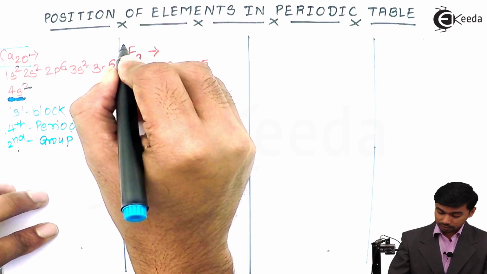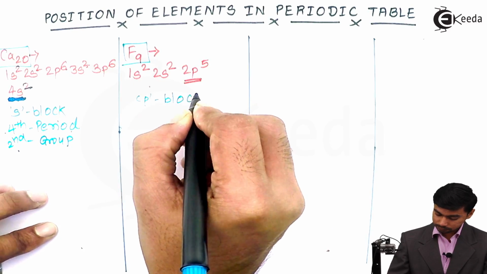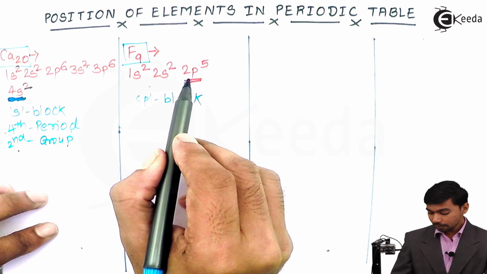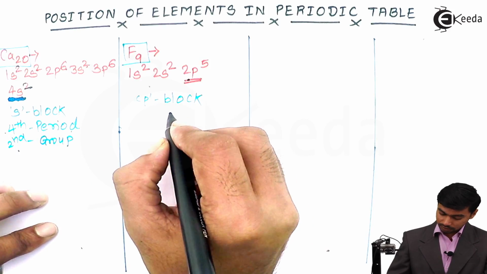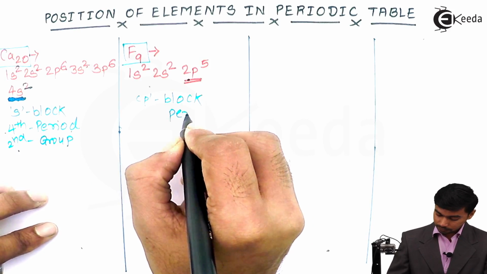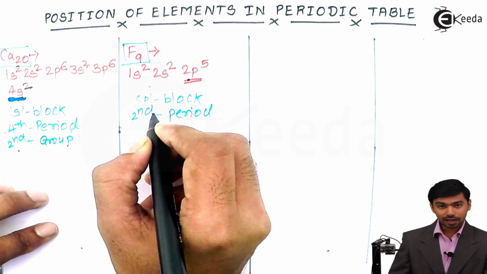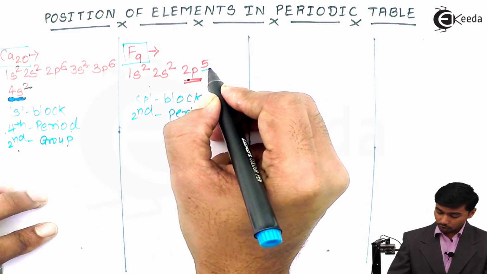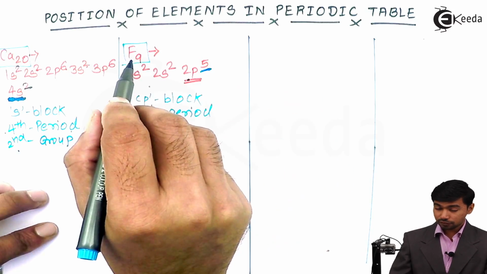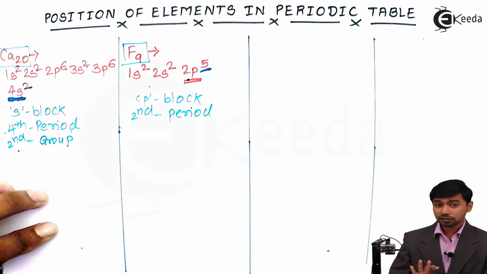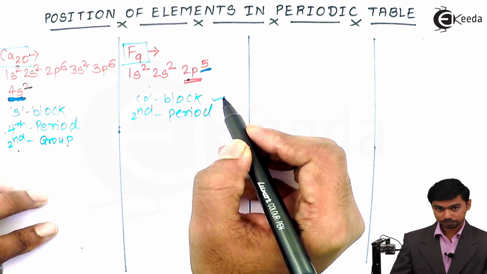So fluorine is a part of the p block. As the number before the subshell is 2, it is a part of the second period, and as the number of last electrons is 5, fluorine is the fifth group element in the p block.